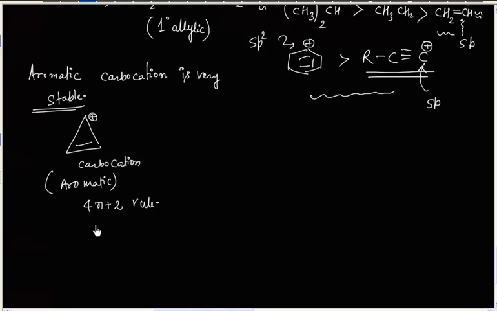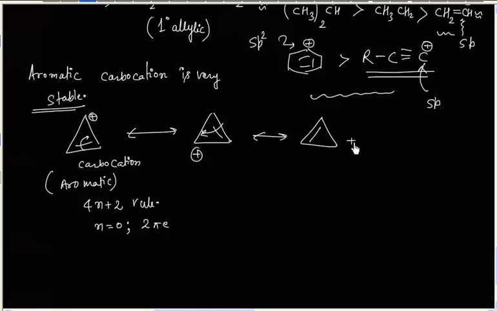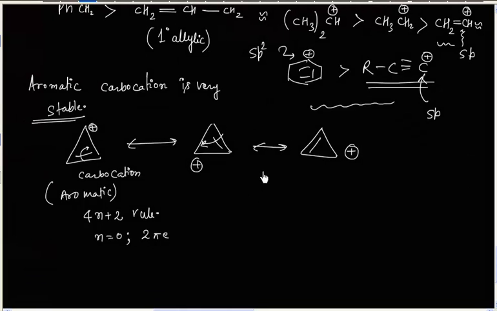So in this case, if I plug n is equals to 0, we have 2 pi electrons. So it satisfies condition of aromaticity. So we have delocalization also in this case. So it satisfies the condition of aromaticity. Similarly, we can have this carbocation. This carbocation is also aromatic. Aromatic carbocations are very stable.